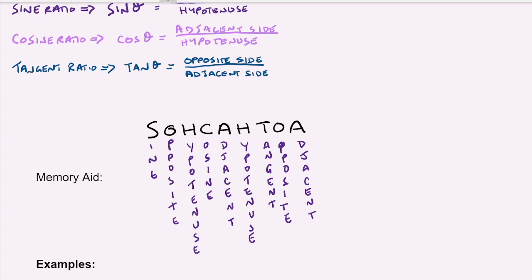So that is our little memory aid. Hopefully that gives you a little bit of an idea of what's going on and will help you. My advice would be, whenever you're doing trigonometry questions, pop this device somewhere on the page so that you've got it to refer to.